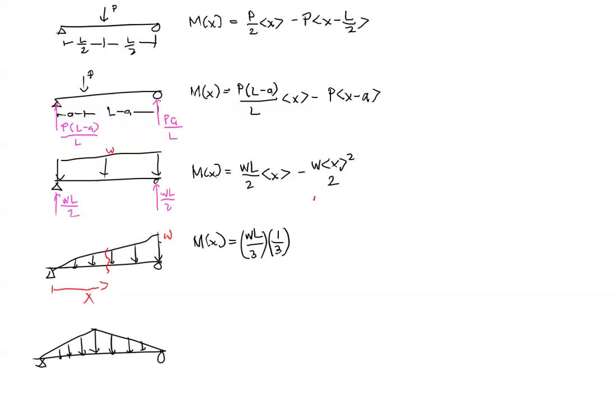Ganun kasi kalayo, 2/3, 1 minus 2/3, yun yung magiging value niya. So, ito yung magiging reaction force at the left-hand side, and this is to be multiplied by x. Then, gagamitin natin yung kanina.